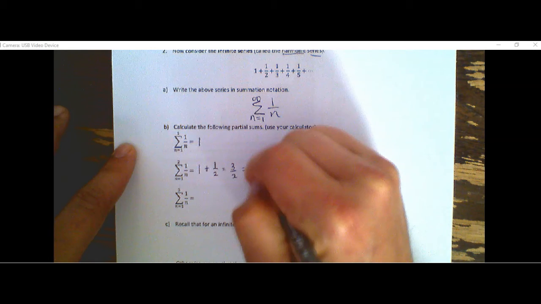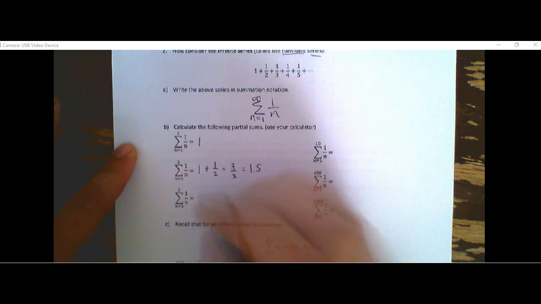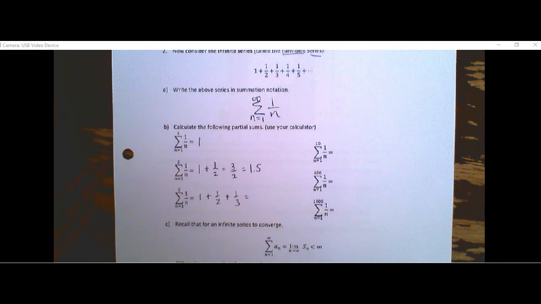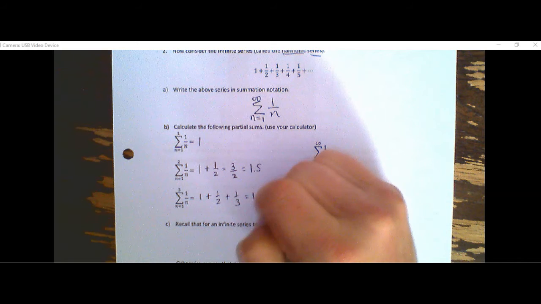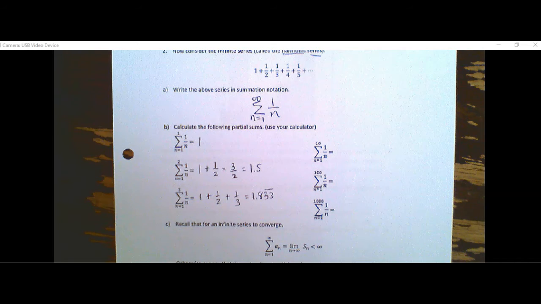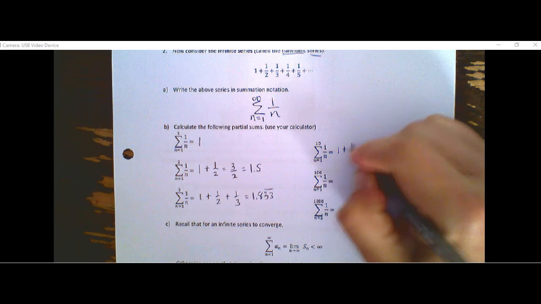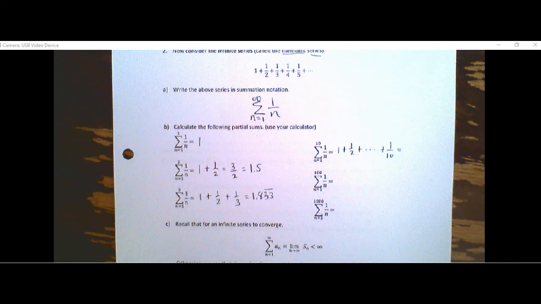The third partial sum is 1 plus a half plus a third, so that would be approximately 1.833. The summation from 1 to 10 would be 1 plus a half plus all the way to 1/10.